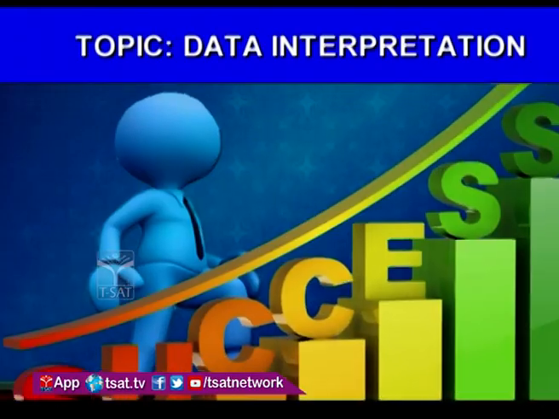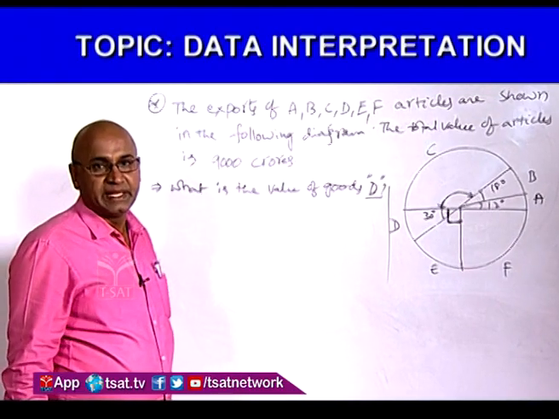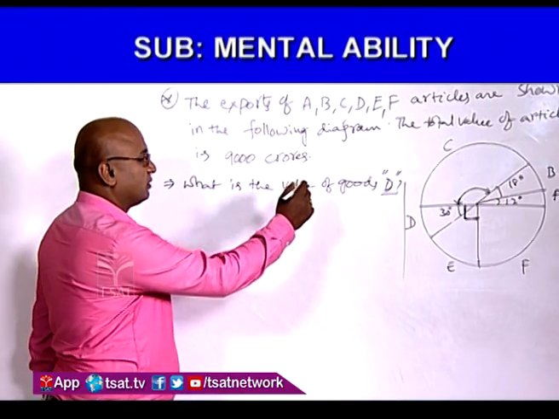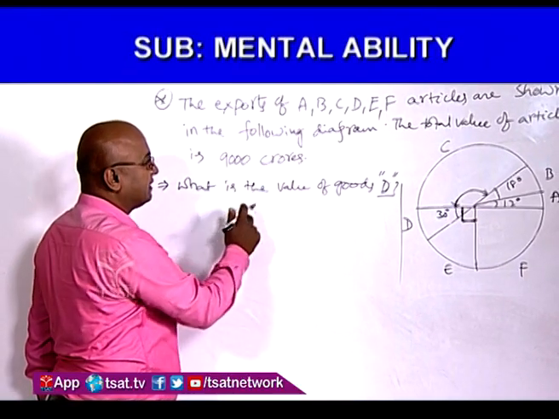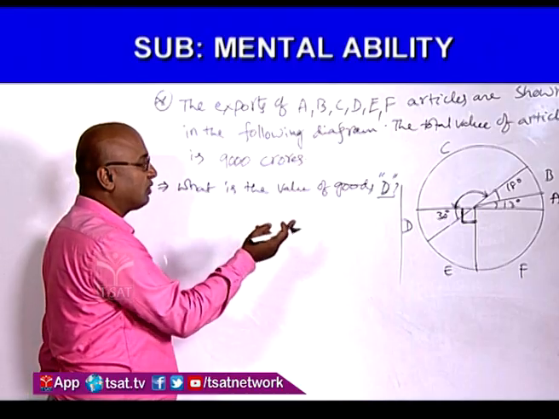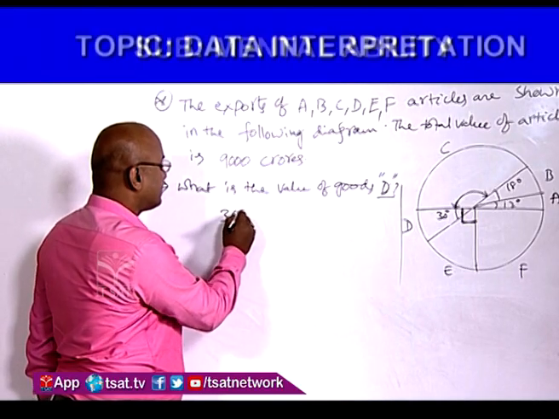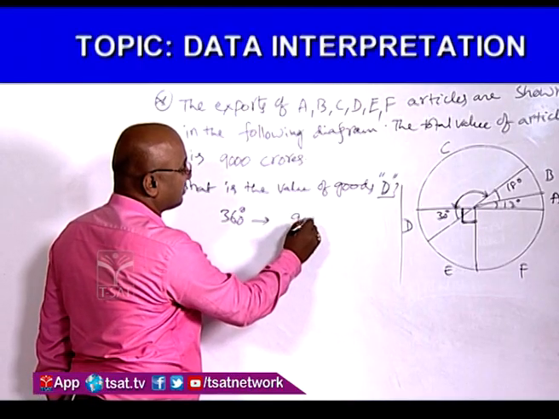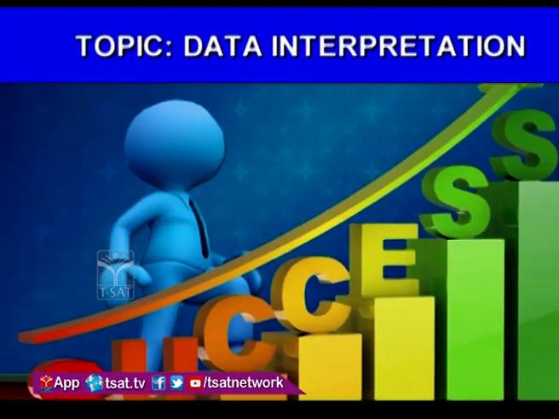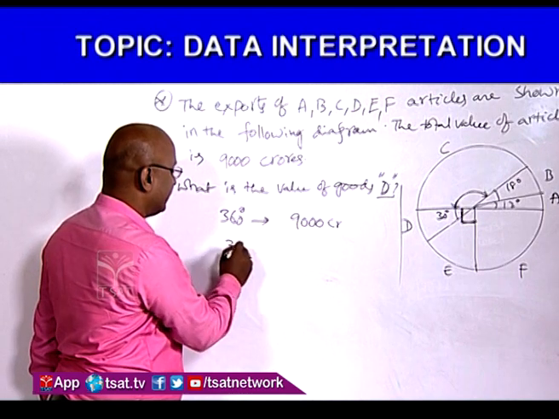Next question, what is the value of goods D? Now, the total value of the articles is 9,000 crores. The total angle is 360 degrees. If 360 degrees is equal to 9,000 crores, then what is the value of D, which is 30 degrees?